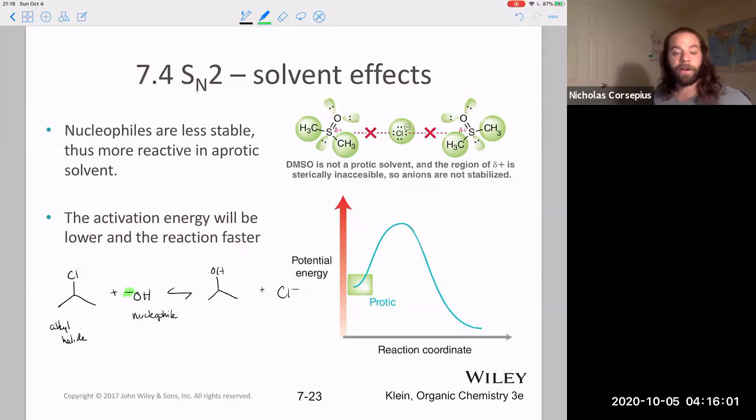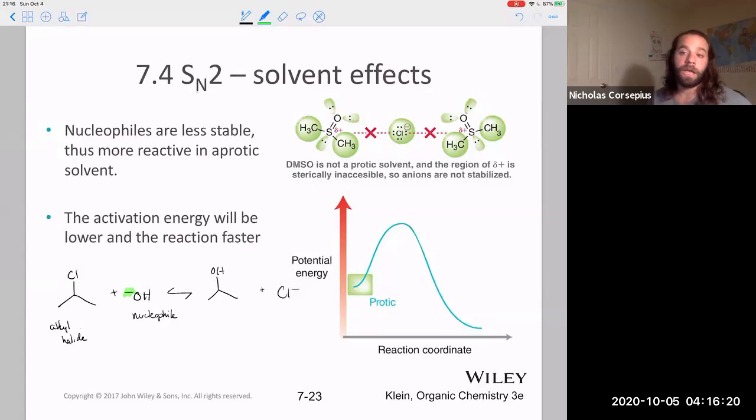So let's say that we're carrying out this reaction in a protic solvent like water, and we have this potential energy diagram, or this free energy diagram here. Well, what's going to happen if I change it to an aprotic solvent? Remember, what does a protic solvent mean? It means that it stabilizes that negative charge.